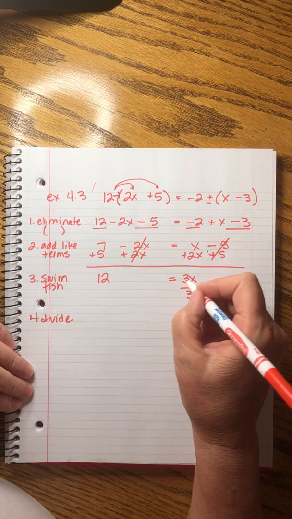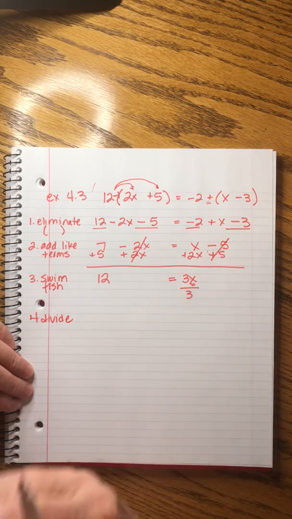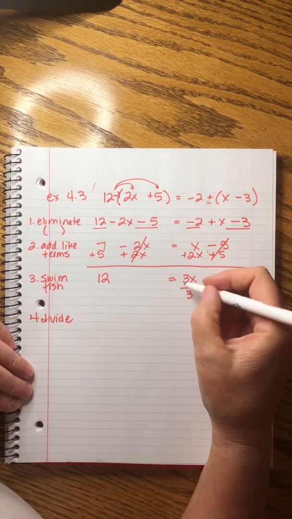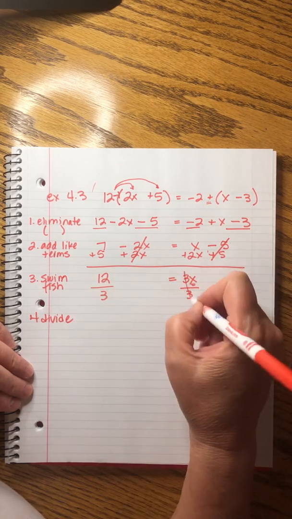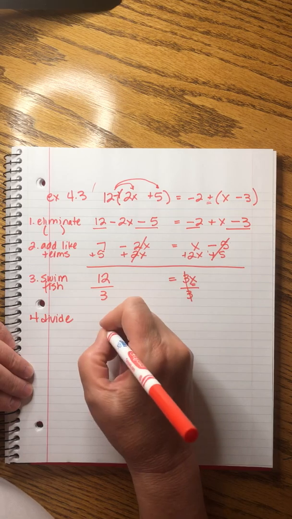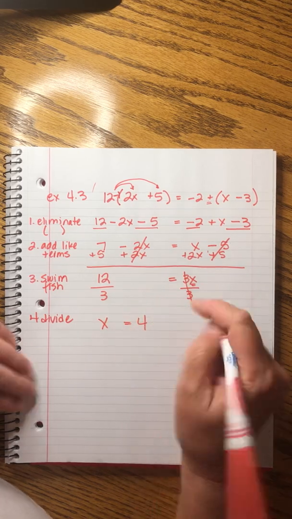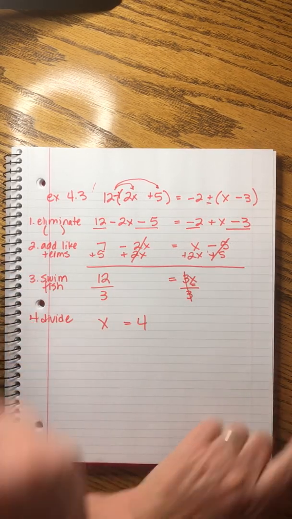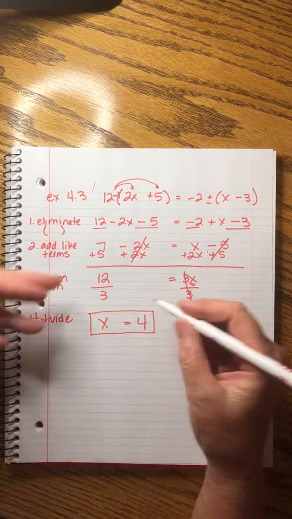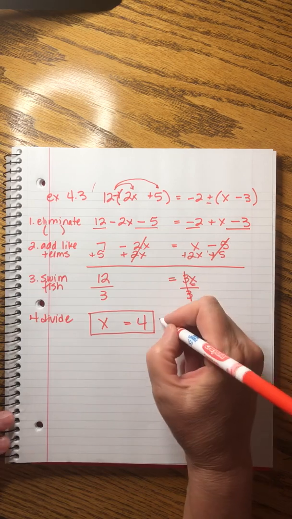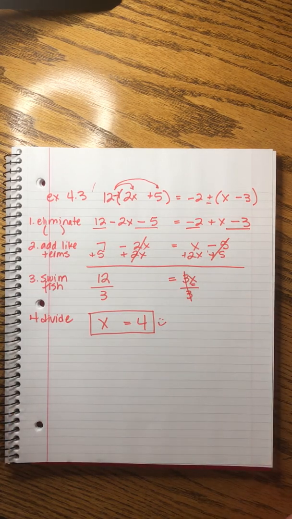He's being multiplied by 3, so we use that inverse operation business. The opposite of multiplying is dividing, so we divide both sides by 3. That cancels. That simplifies. X equals 4. I flipped the sides, right? That's okay. We can do that. I think it looks better to say x equals 4 rather than to say 4 equals x. It's just me. All right?